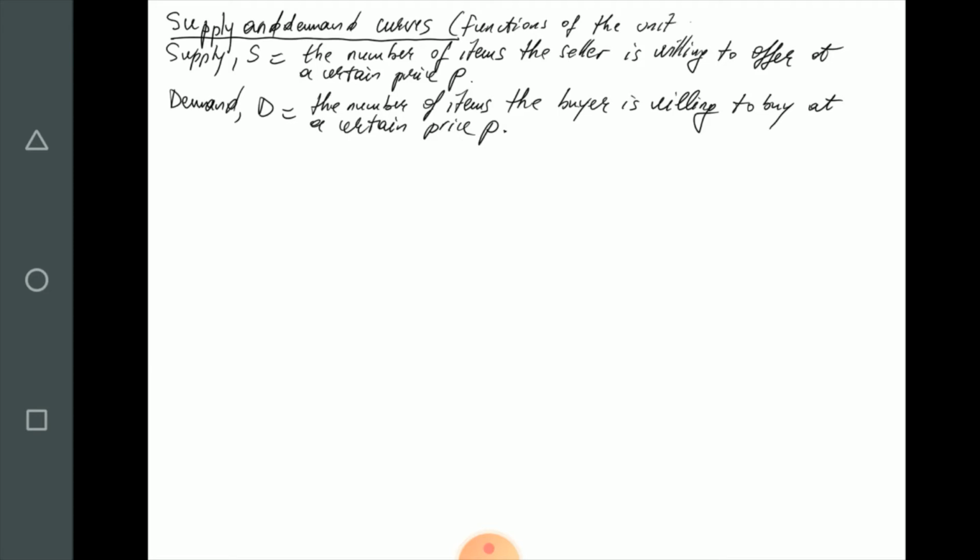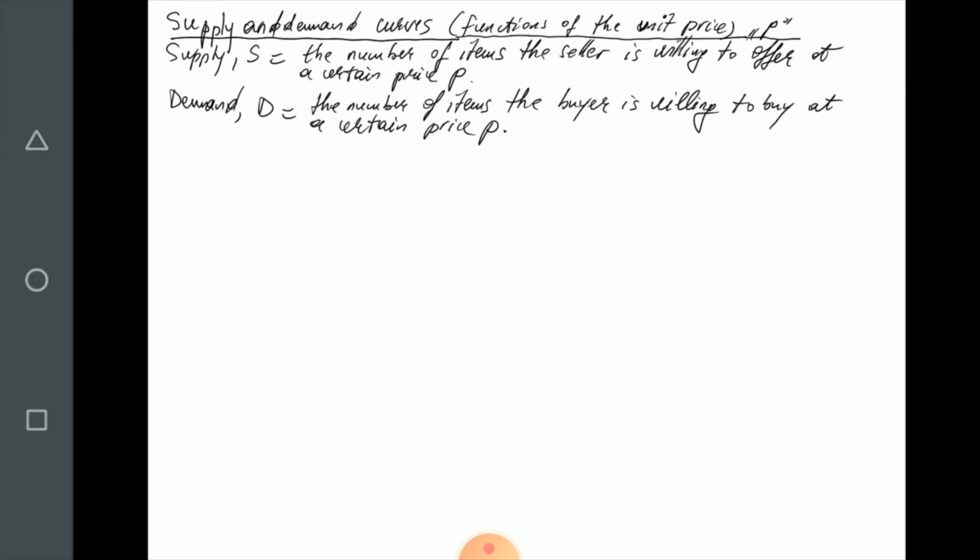So we talk about some items to be produced and sold, and these two quantities, the demand and the supply, are functions of the unit price. So just the price of one item, which is the reason why we're not going to use x as a variable, but we're going to talk about P, the unit price P. So remember, when we talk about slopes of lines, this time the horizontal axis is labeled by P, the unit price.